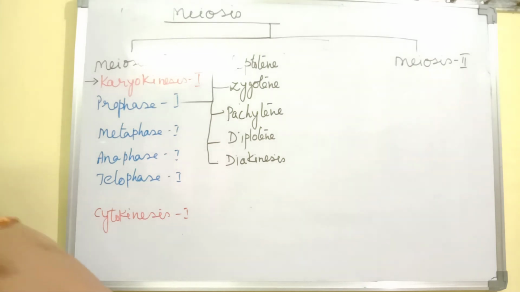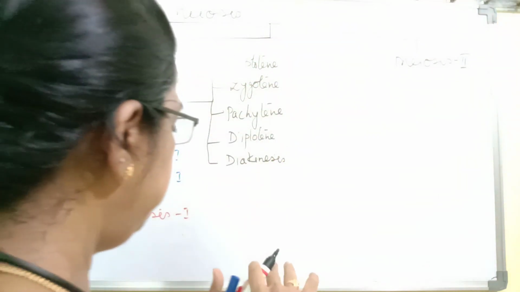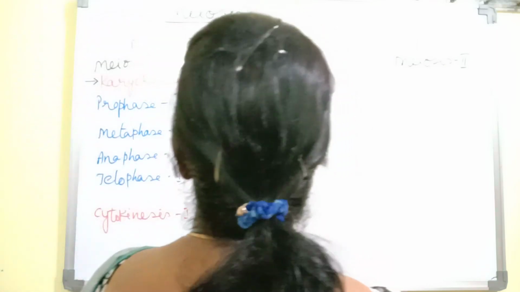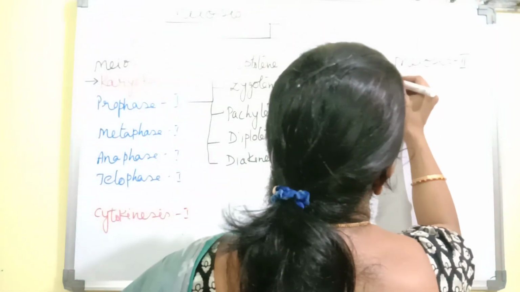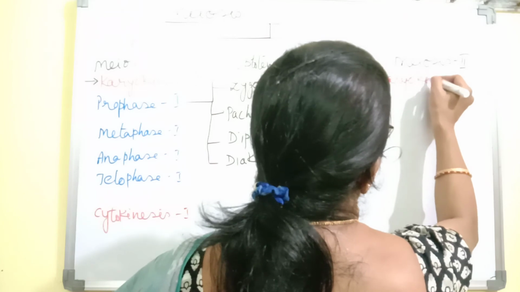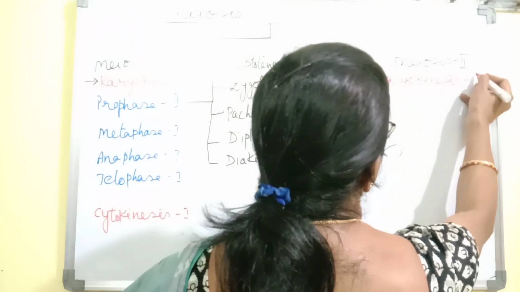Similarly, meiosis 2 we can also divide as karyokinesis 2.